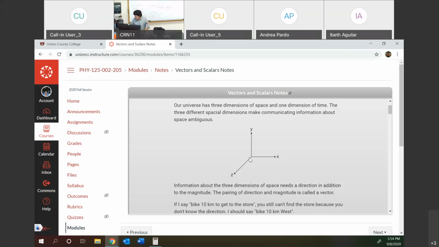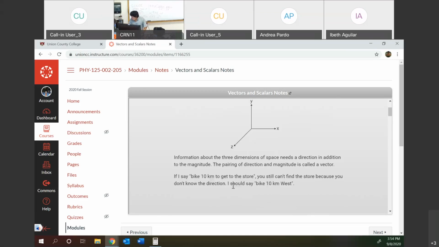So that's important. If I say I walk 10 kilometers to the store, you still cannot find the store. That's a good example. You need to say where the store is located, in what direction. So you say 10 kilometers west. What does that tell you?